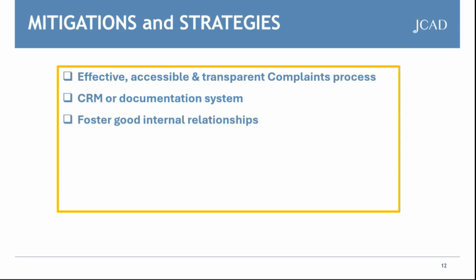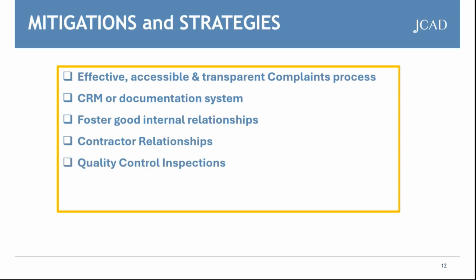As mentioned before, there needs to be good internal working relationships between all your internal teams involved. Contractor relationships with the organisation's repair maintenance teams need to adhere to industry standards and best practices. Conduct quality control inspections after repairs or renovations to verify satisfactory completion, and make sure the tenant is happy.